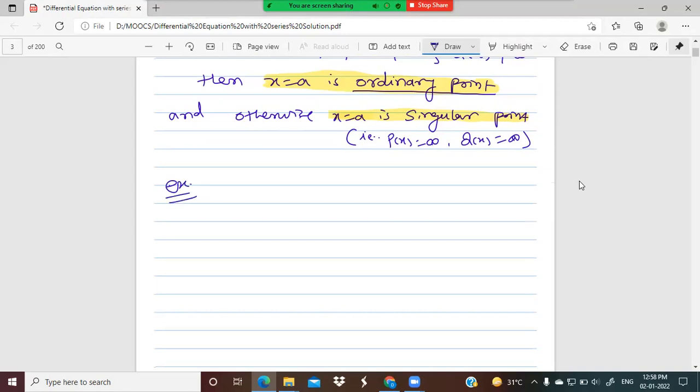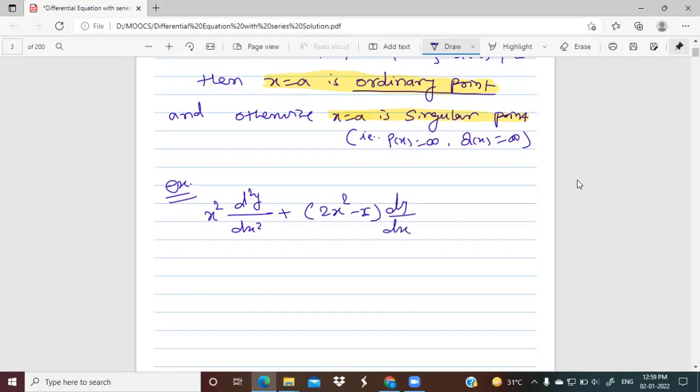Take here an example. Suppose I take this example: x square into d2y by dx2 plus 2x square minus x into dy by dx plus y is 0. This is my differential equation.